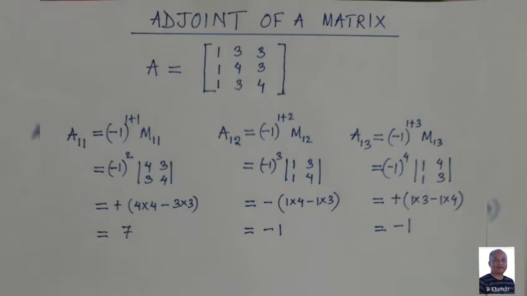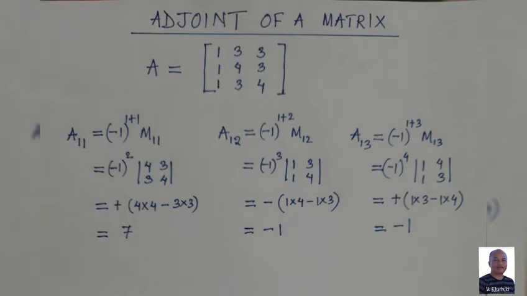And as you know, to find a cofactor, you always have to put -1 and raise that to the power 1 plus 1, where 1 plus 1 shows that you are finding the cofactor of an entry in the first row and first column, and multiply that by the minor of A11.